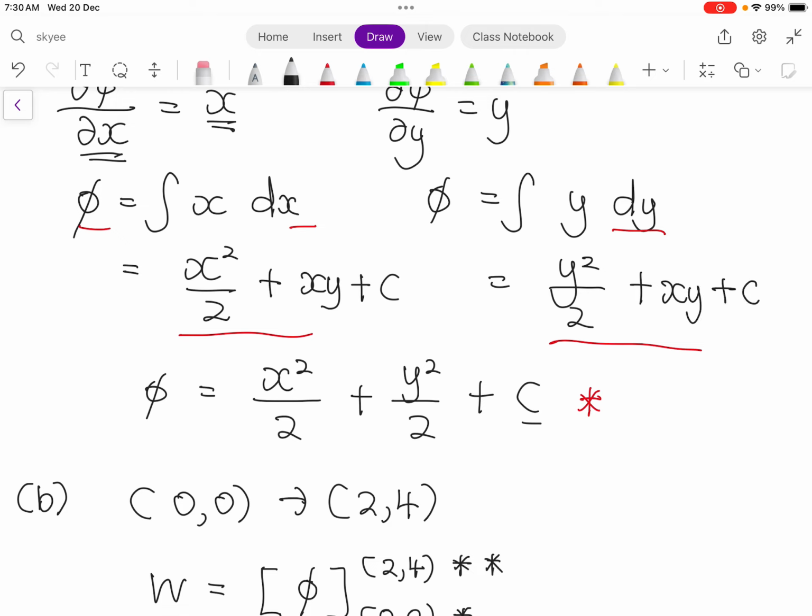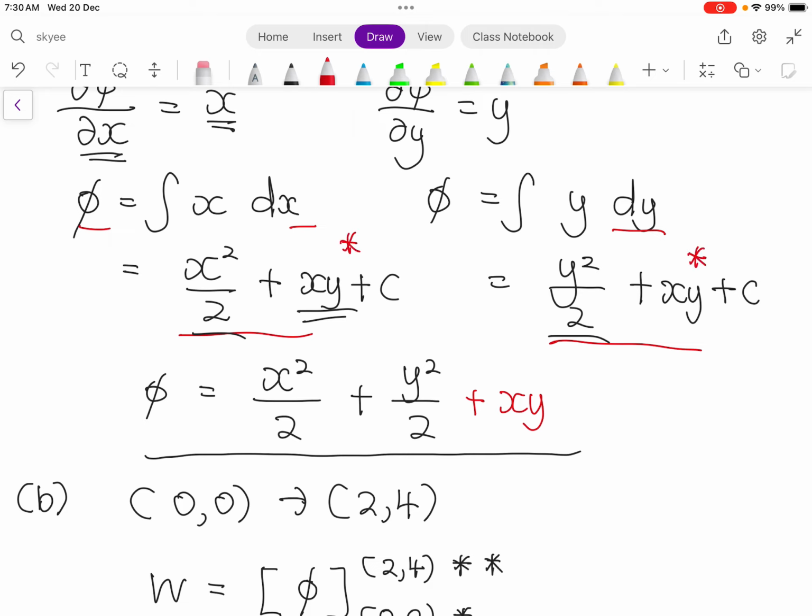Because just now I said that you have to combine both to be your final potential function. So you take this one, you take this one. And if here you have the xy, what you have to do is insert the xy only once, even though it appears here and also here. Remember, you can only add it once.